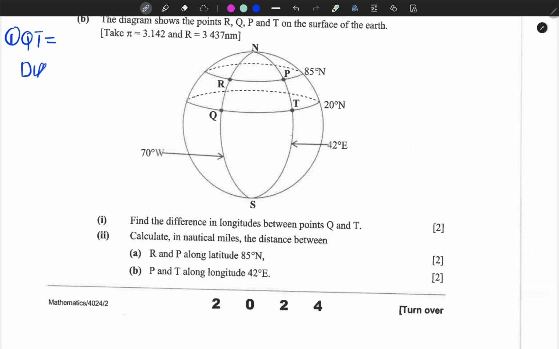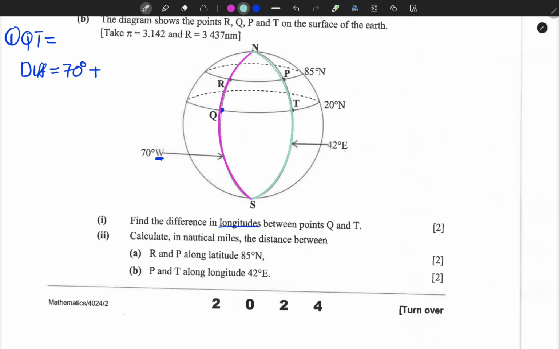So we can say difference is equal to, so we want the difference in longitudes. Therefore, we need to identify the longitude for Q. Since this is Q, the longitude for Q is this line here. So this is our longitude. Therefore, it is located 70 degrees west. Plus, then for P is this one.